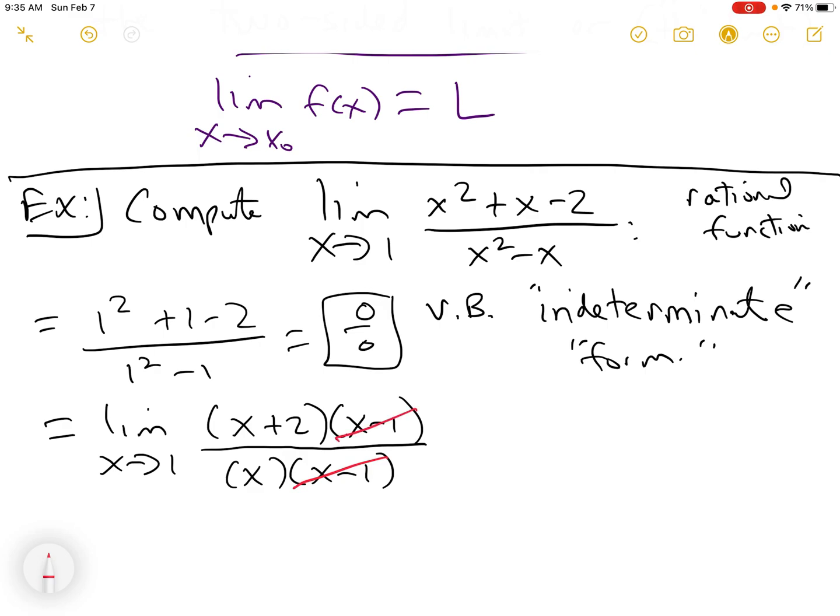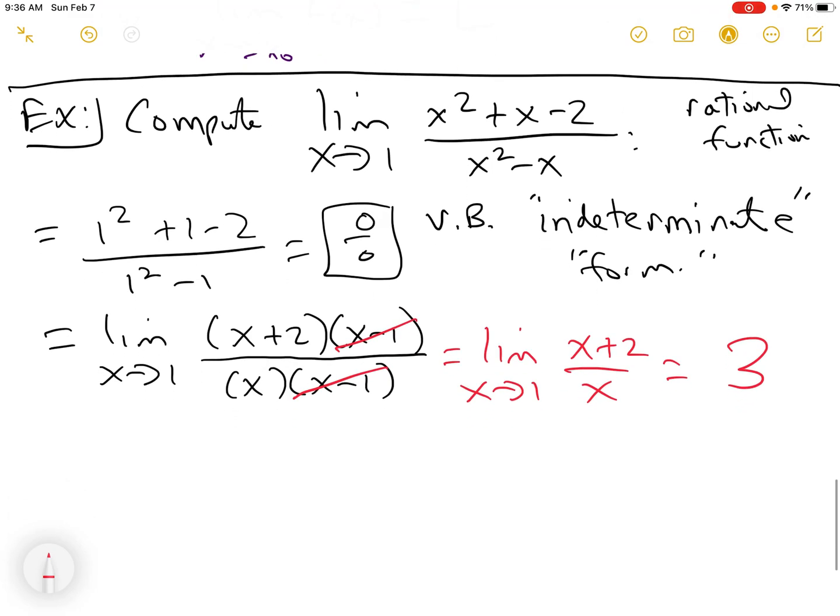So even though 1 is not in the domain, we're left with this limit. And that's 3. When you plug in 1, you get 1 plus 2 over 1, and that's 3. So the limit exists. So the limit as x approaches 1 of this function is 3. But r of 1 does not exist. So there's a hole there, or what we call a removable discontinuity.